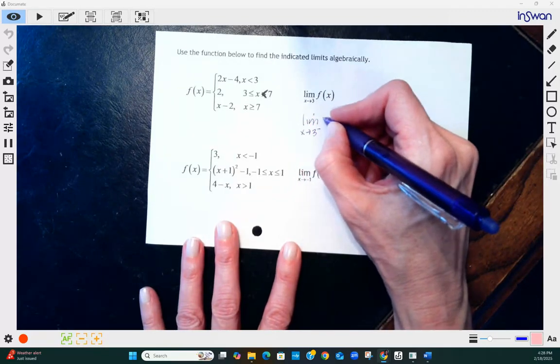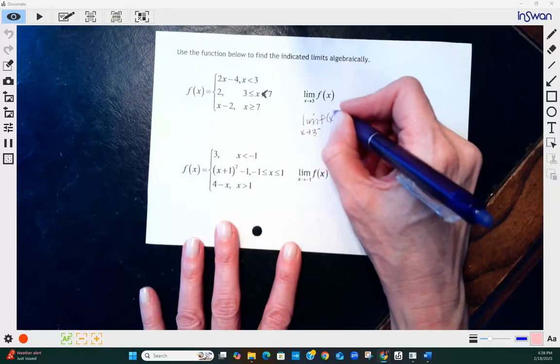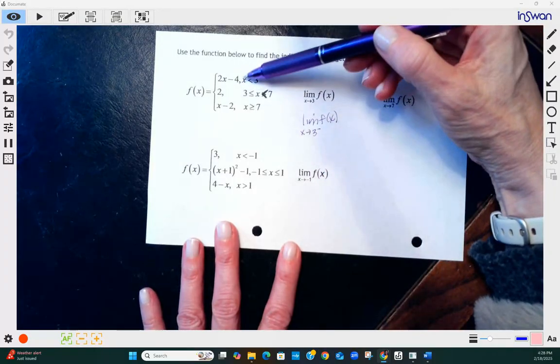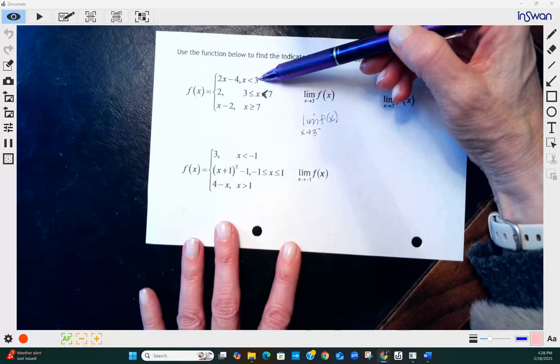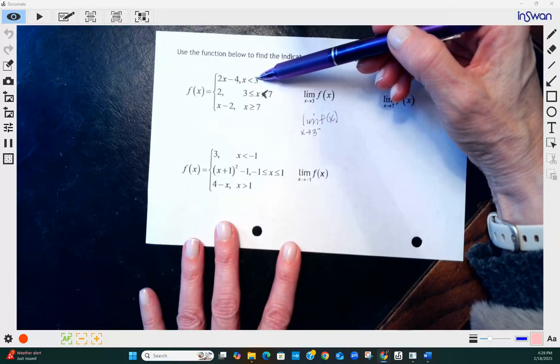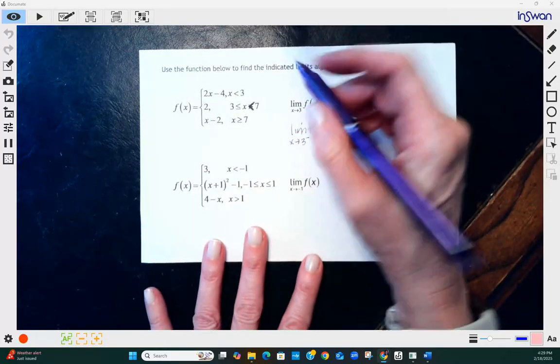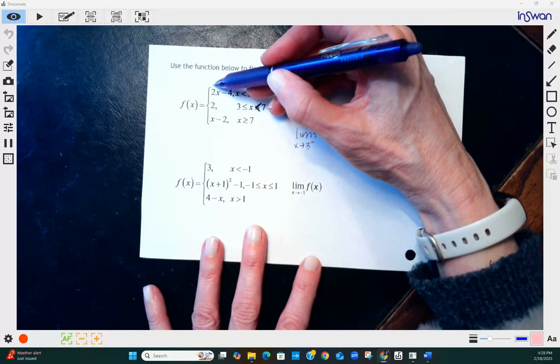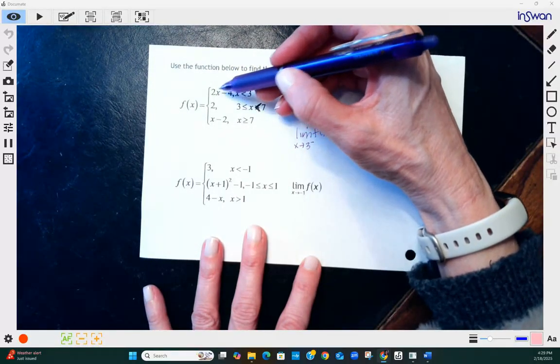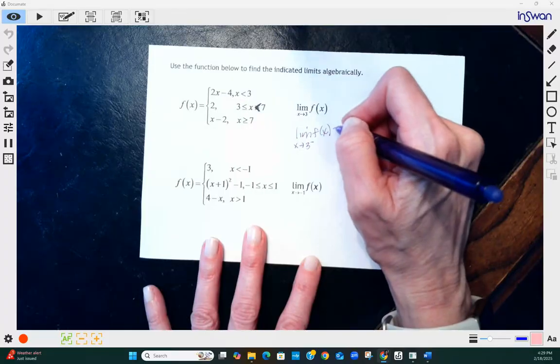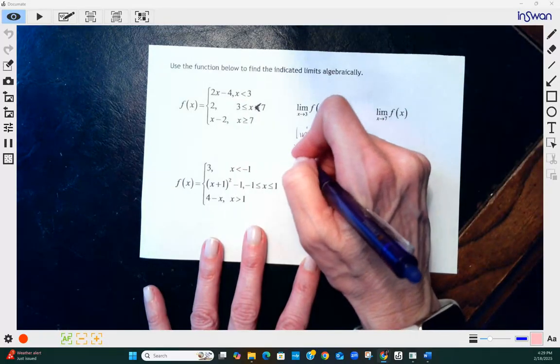So the limit as x approaches 3 from the left. Okay, well, x is less than 3. Think of a number line. If I'm less than 3, that is going to be able to approach 3 from the left. So I'm going to substitute 3 in here. 2 times 3 minus 4, I get 6 minus 4, so the left-hand limit is 2.